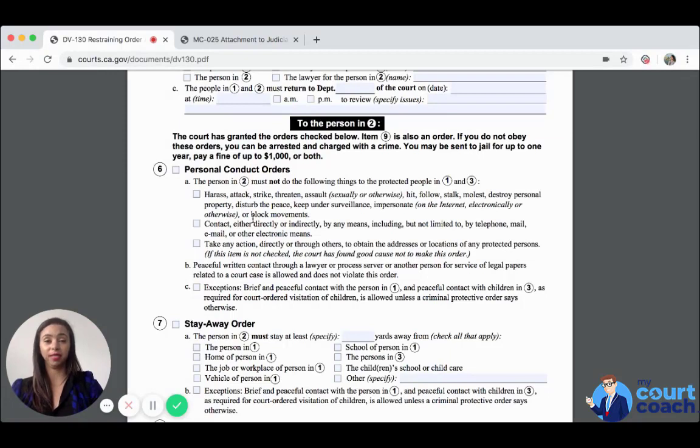So unless the domestic violence restraining order changes the criminal protective order, which the family court cannot do, but if they were to somehow do that, then that would be incorporated into the restraining order after hearing. So if the criminal protective order protects the children and the domestic violence restraining order does not protect the children, it means that the children are still protected. And so the court actually would factor that in when they make their orders for the restraining order after hearing.